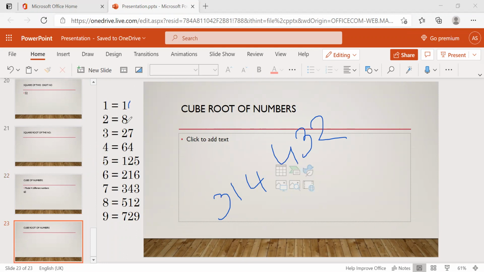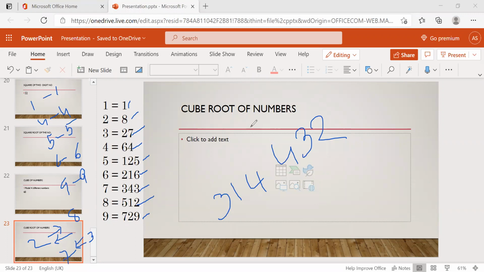Here 1 for 1 only, 2 is 8, 3 is 7, 4 for 4 only, 5 for 5, 6 for 6, 7 is 3, 8 is 2, 9 for 9. So the repeating numbers are 1, 4, 5, 6 and 9; same numbers we get. And for 2 it is 8, for 8 it is 2, for 7 it is 3, for 3 it is 7. So like this we are getting.